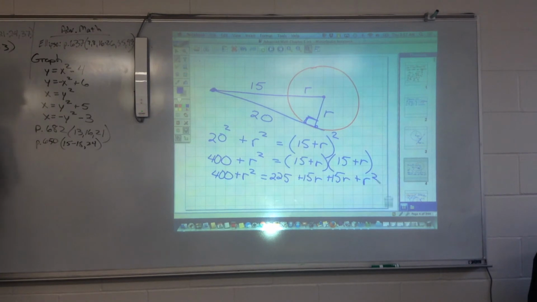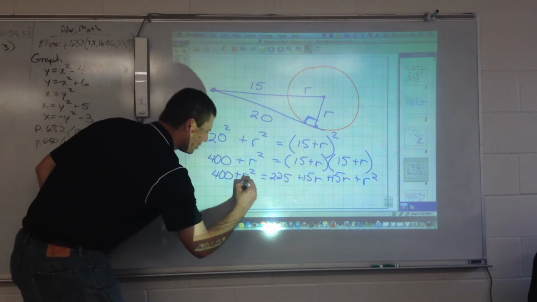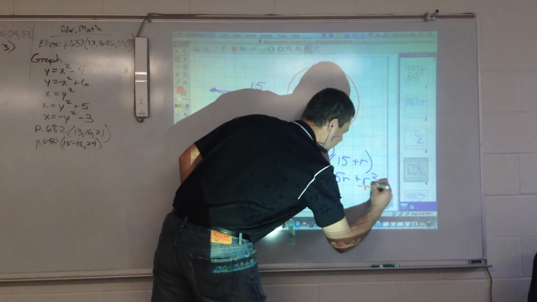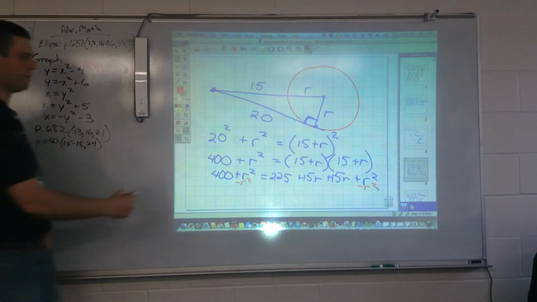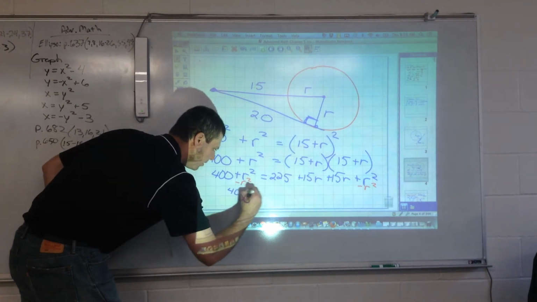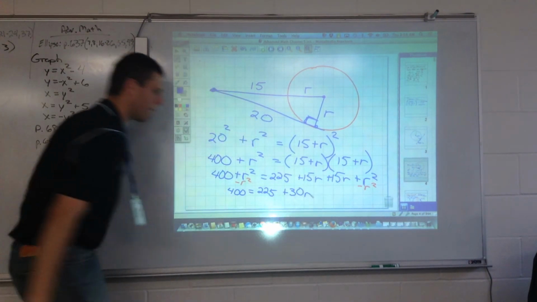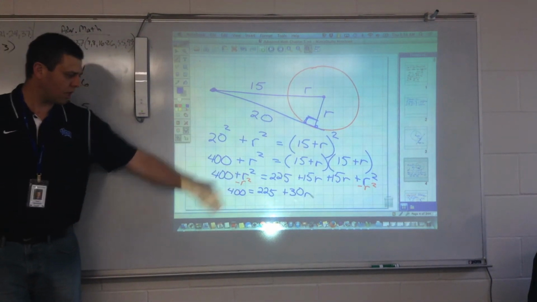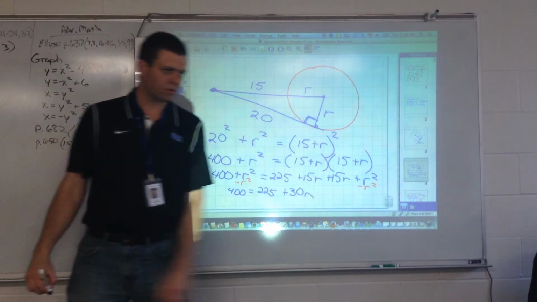Okay? I'm going to subtract r squared from both sides. That's convenient. They're both gone then, right? I got nothing left on the r squareds. So then I have 400 equals 225 plus 30r, because my r squareds were gone. 15r and 15r makes 30r.